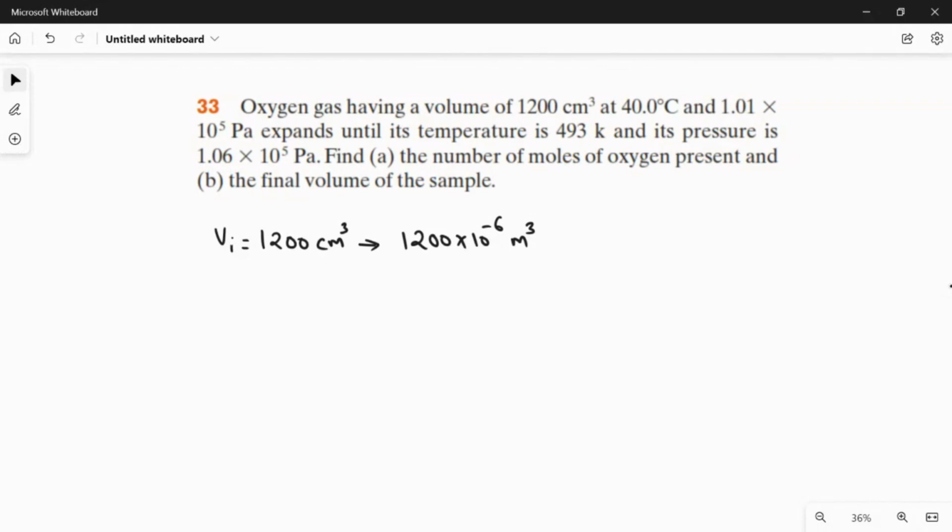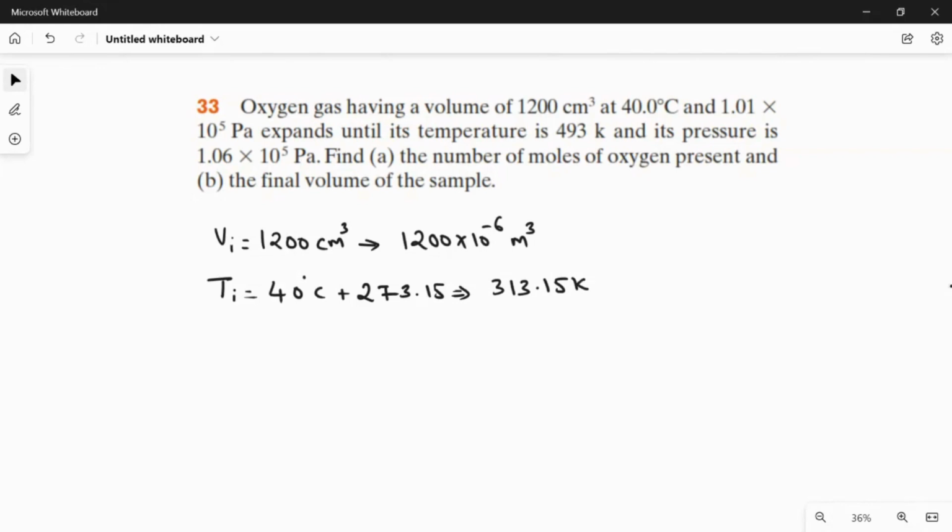And its initial temperature is mentioned here, which is Ti, and takes the value of 40 degrees Celsius, but I have to convert it to Kelvin, so I have to add 273.15. When you add 273.15, we get the answer in Kelvin. So the answer here is 313.15 Kelvin.